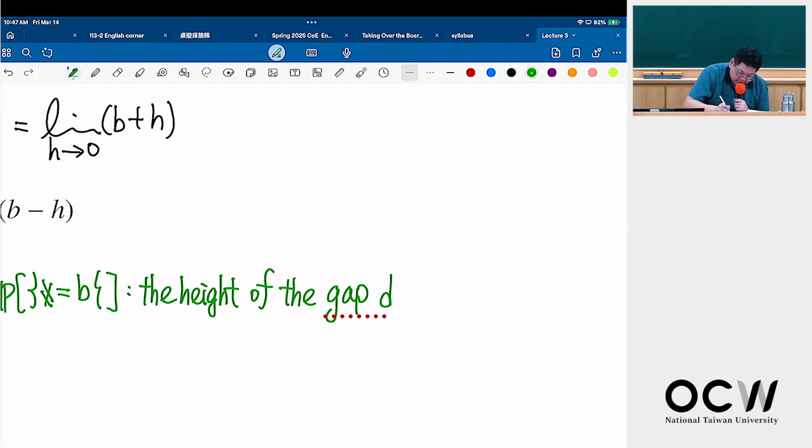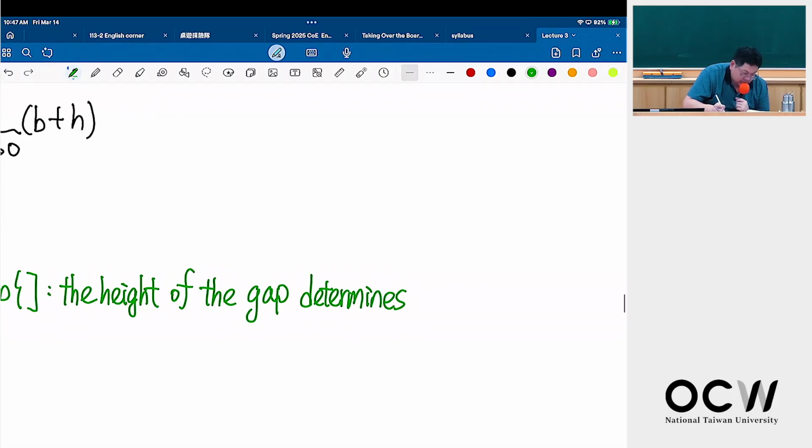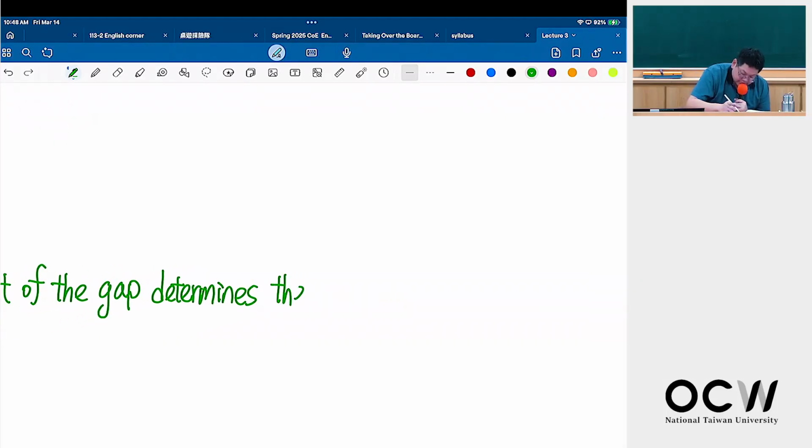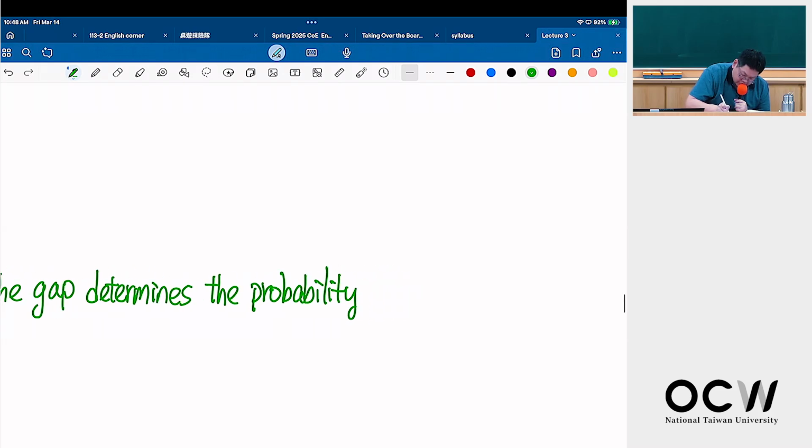This height of the gap determines the probability of this discontinuity.